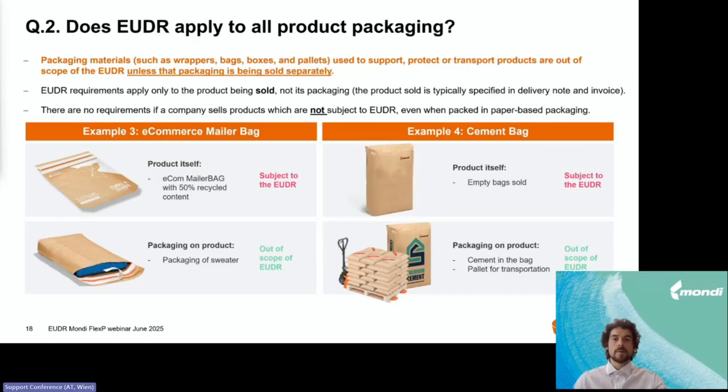And the last example is linked to our paper bag industry. Again, if we as Mondi, for example, or you as a customer are selling empty paper bags, you are subject to the EUDR. If you are receiving the paper bags, you are filling them with cement and you are selling this cement, you are out of scope of the EUDR and you don't have direct obligations.